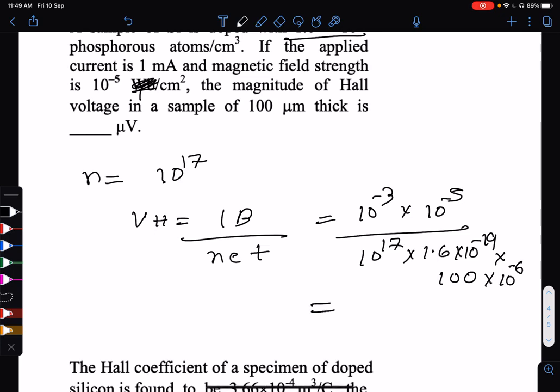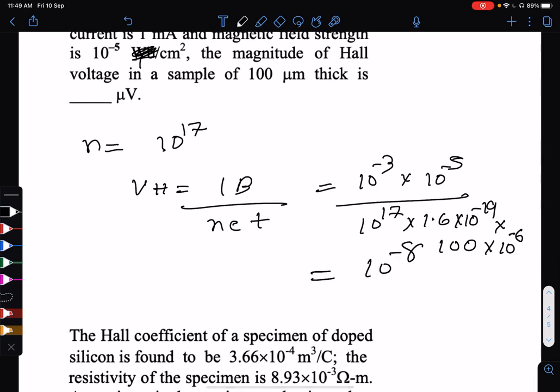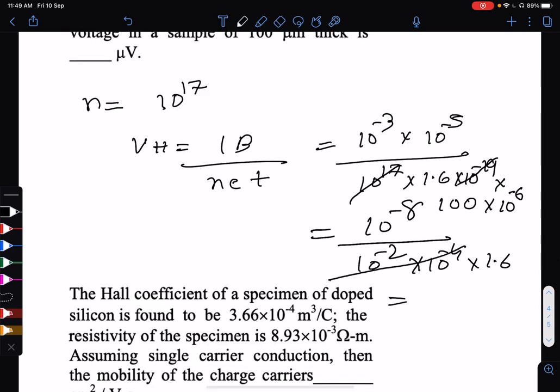So this is 10 power minus 8, and this is 10 power minus 2. Is there any other factor? This is 10 power minus 4 into 1.6. I'll be cancelling this, and 10 power minus 2, 1.6. Let me check that. 10 power minus 2 divided by 1.6.